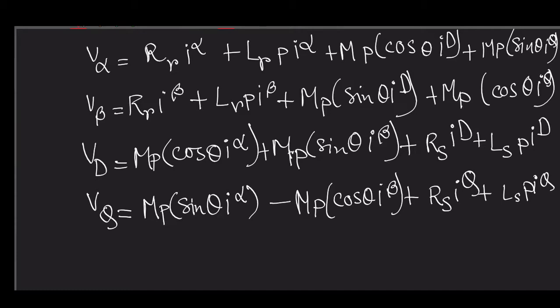So clearly this gives you a form to represent this in matrix form V is equal to Zi.